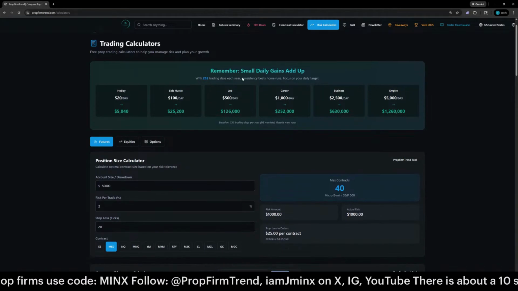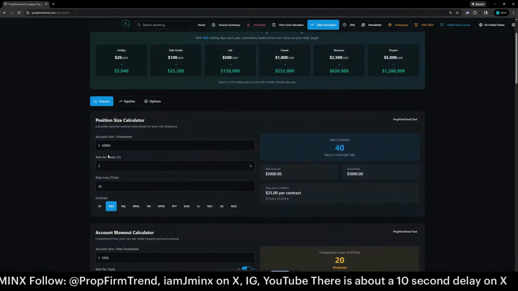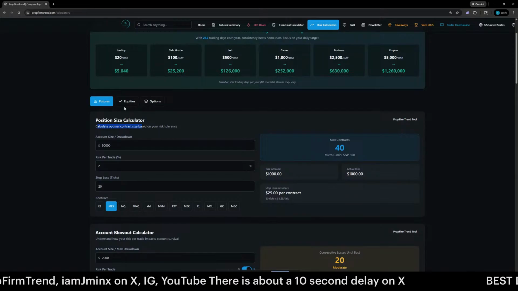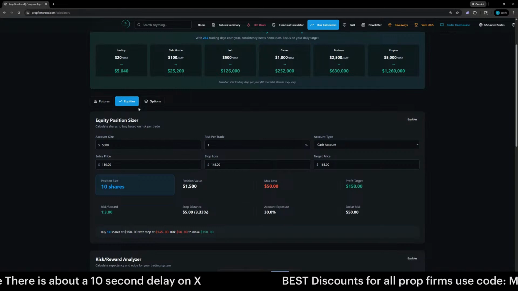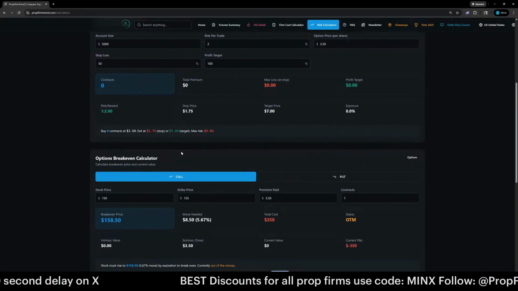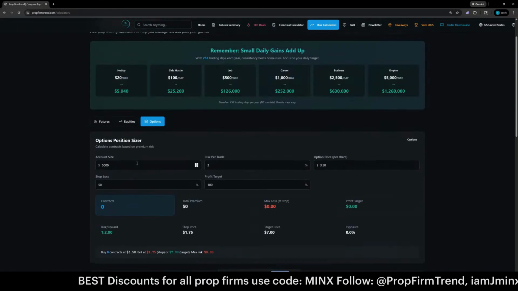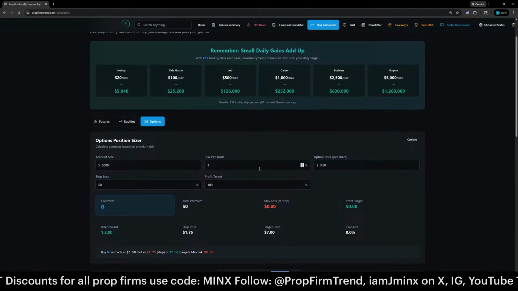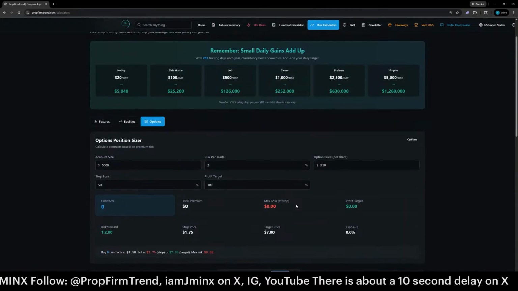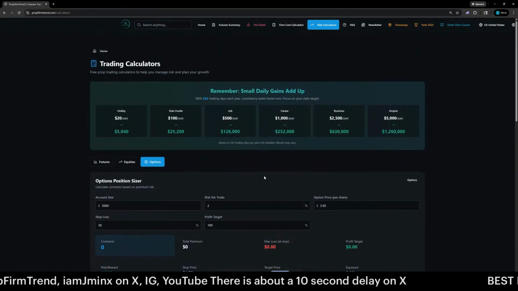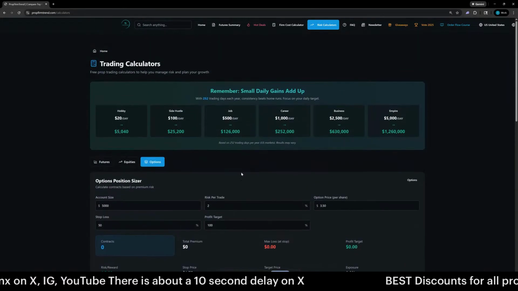Don't try to risk more than you should; go in here and use your position size calculator. If you trade equities or options, you can also input your account size and risk per trade to help with risk management, because this is the most important part of trading.